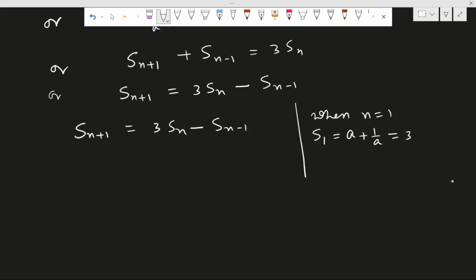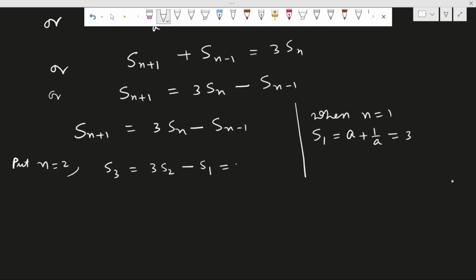If n is equal to 2, put n is equal to 2, what will be, S3 is equal to 3 S2 minus S1. We should find also S2 here.